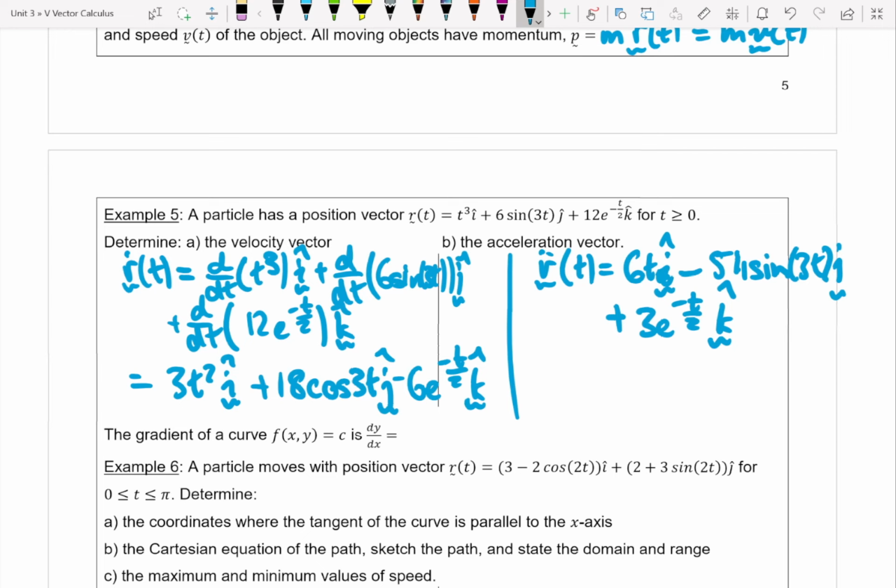All right, so the gradient of a curve can be found by either using implicit or explicit differentiation.